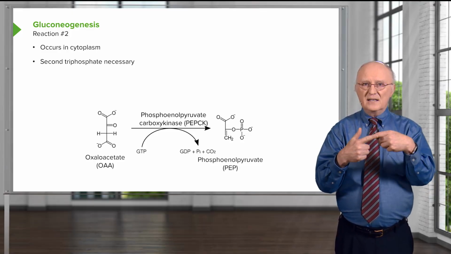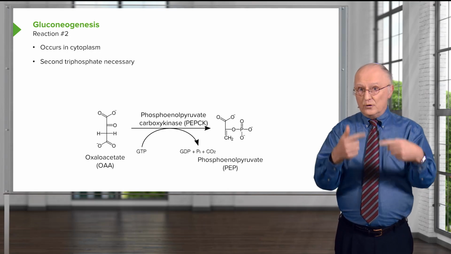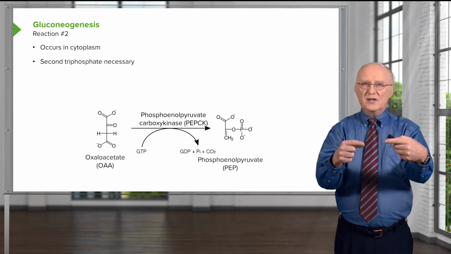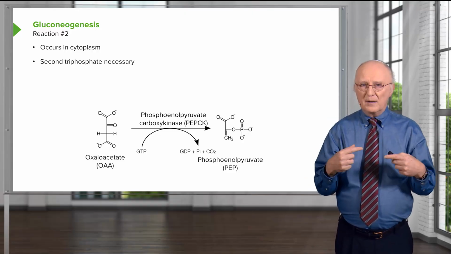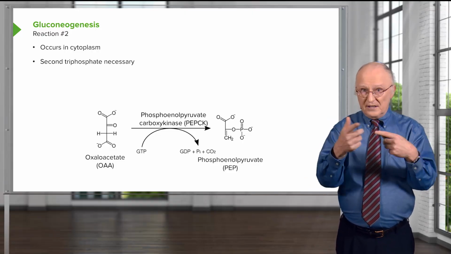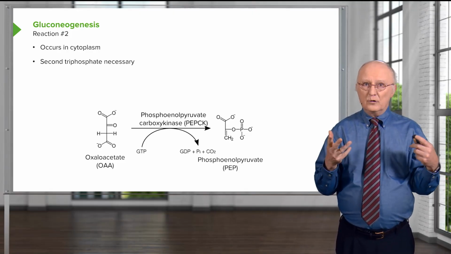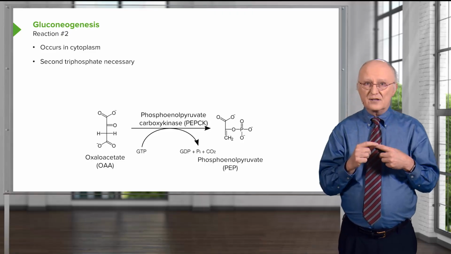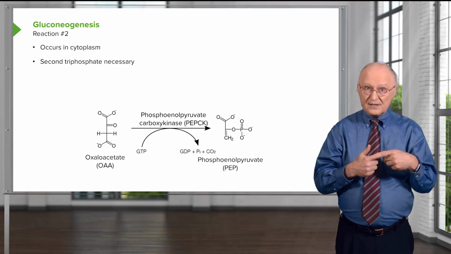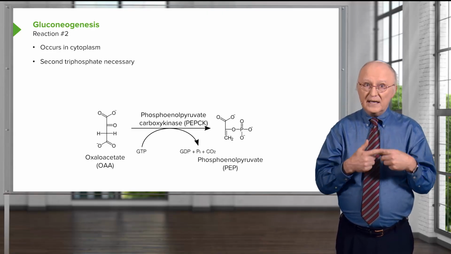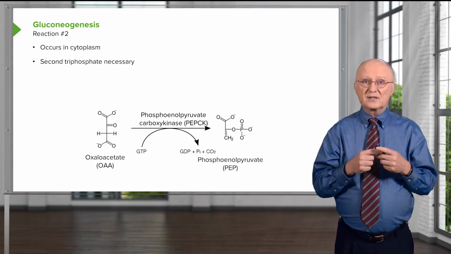And if they don't make this enzyme, then they can't do the next step in gluconeogenesis. So we can see how gene regulation helps to control a metabolic pathway. Cells that don't have PEPCK, as we call it, can't go through gluconeogenesis because they can't catalyze this reaction. But this enzyme is activated and made in liver and kidney cells where gluconeogenesis occurs.